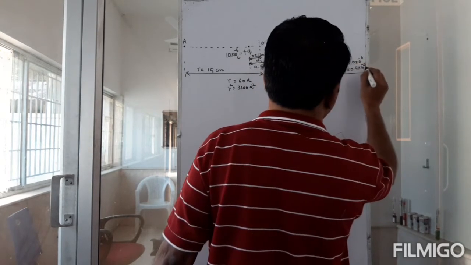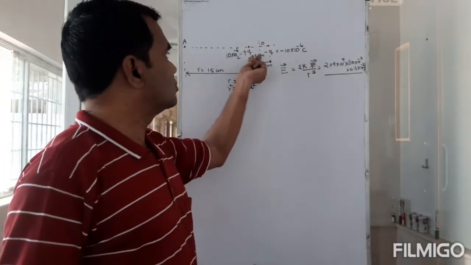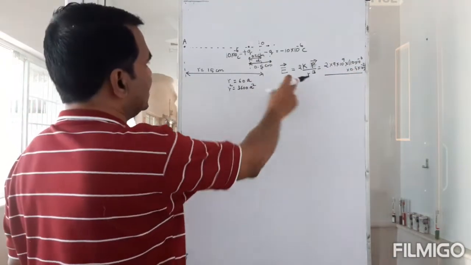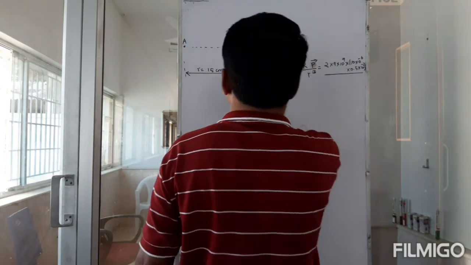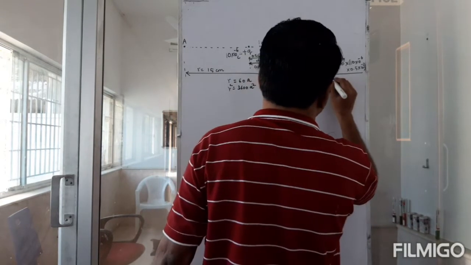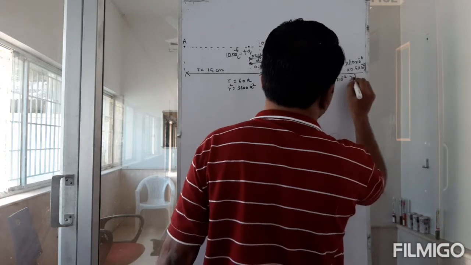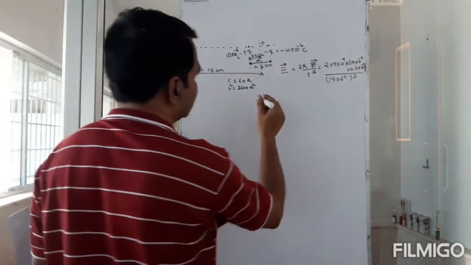That's my P, Q into D, or Q into 2A. That's what I got there. Divided by R cubed. R is 15 into 10 power minus 2, the whole cube. Right? Yeah, let's try to do this.